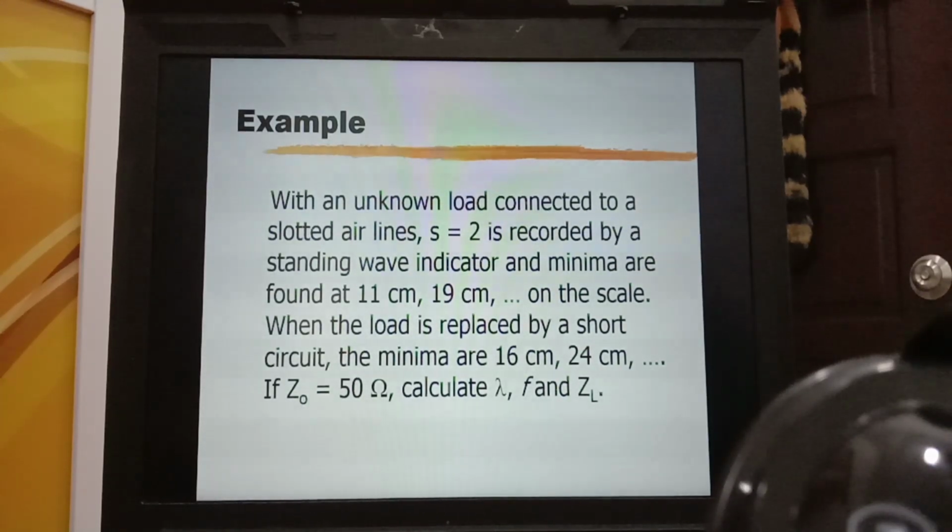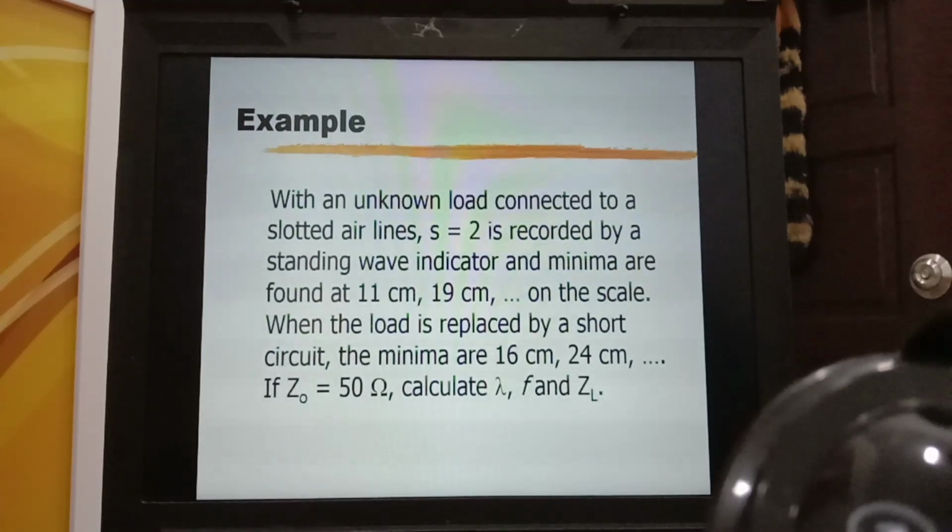When the load is replaced by a short circuit, the minima are 16 cm, 24 cm, and so on. If the characteristic impedance Z0 is equal to 50 ohm, calculate the wavelength lambda, frequency f, and the load impedance ZL.